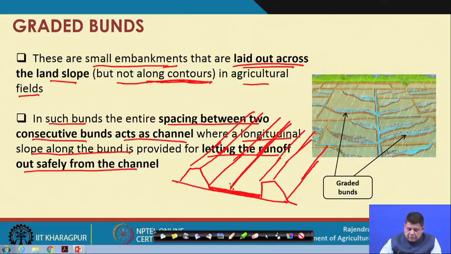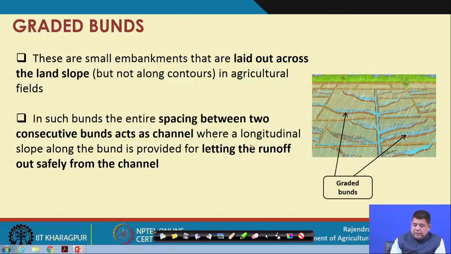Along this length, we provide a longitudinal slope, and the entire area between these two bunds acts as a channel. Then we provide a longitudinal slope along the bund for taking the runoff water away through some safe disposal.